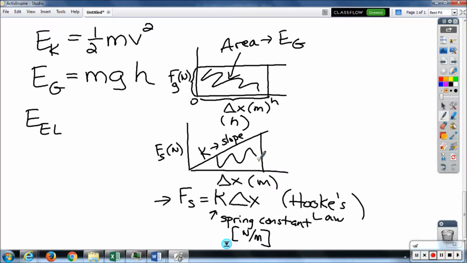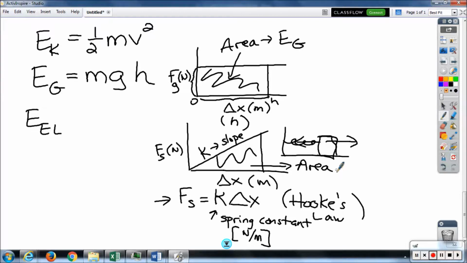But while I'm stretching it, if I'm pulling a spring to the right, then the spring is pulling back at me. So I'm pulling to the right, the block's coming with me, I'm doing positive work, the spring is doing negative work. When conservative forces do negative work, they store energy. So all this work that I've done by finding the area here is going to give me the energy that is being stored by that spring.